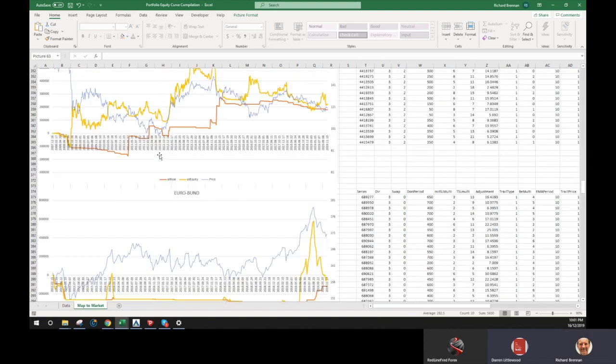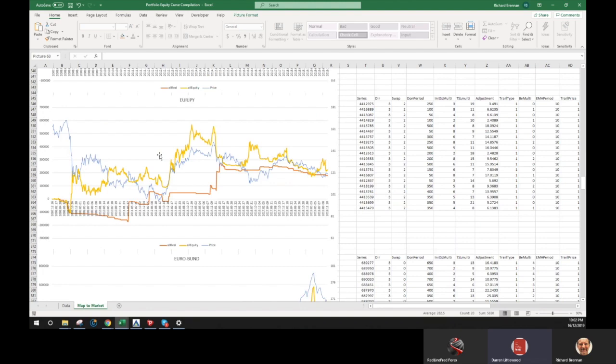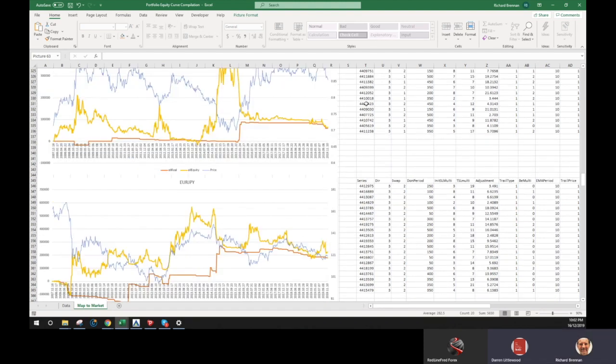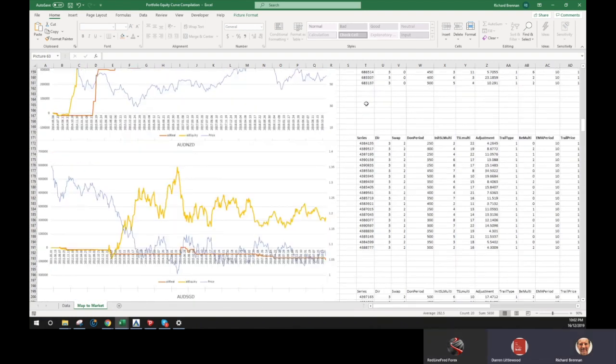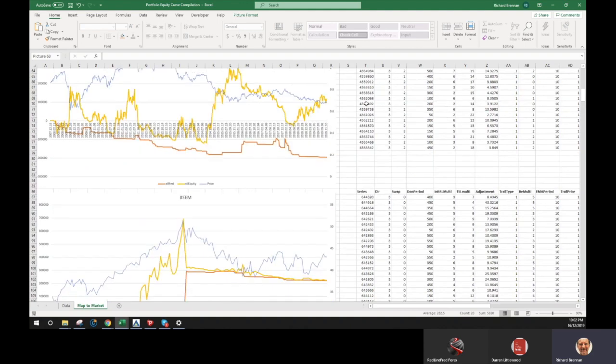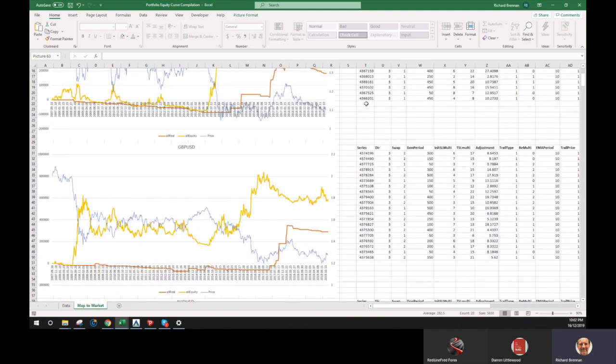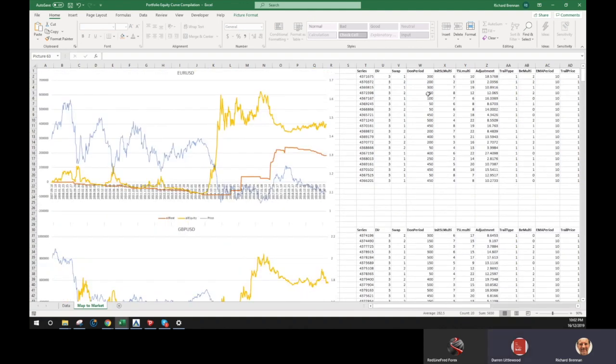the combination of parameters on the euro dollar is not the same as the pound dollar or palladium. Each one is specifically configured for each market to produce the best MAR for each market. If we look at the selection here, you'll see that this second one is 150 as opposed to a 200. This third one is a 50 as opposed to this 300.